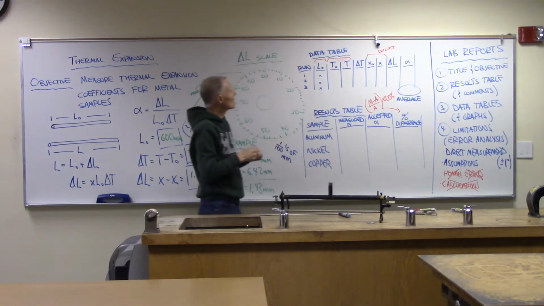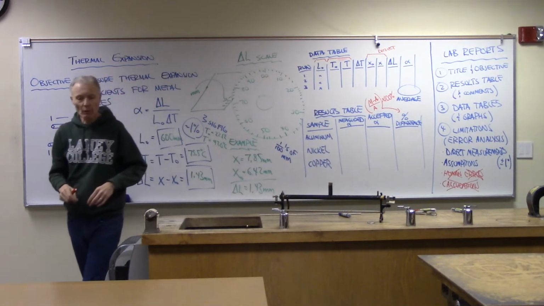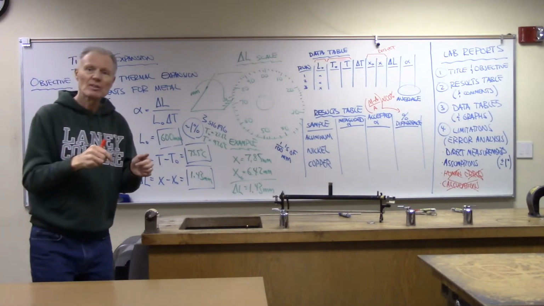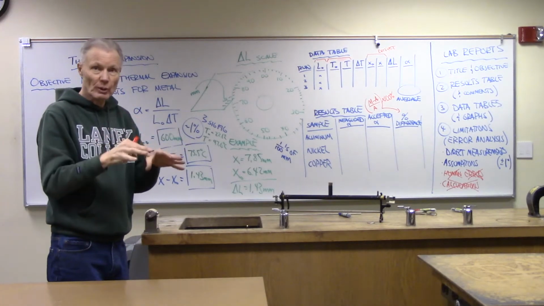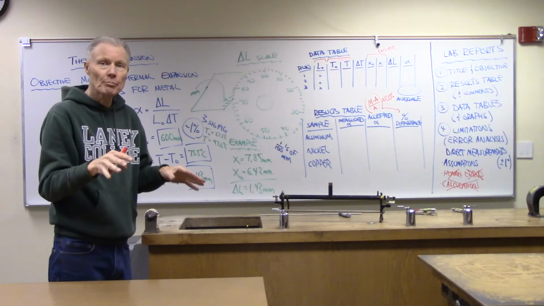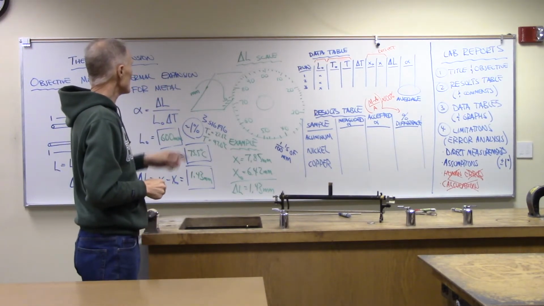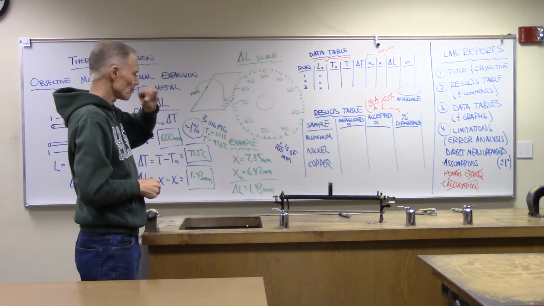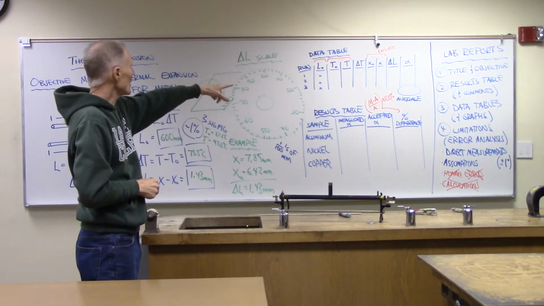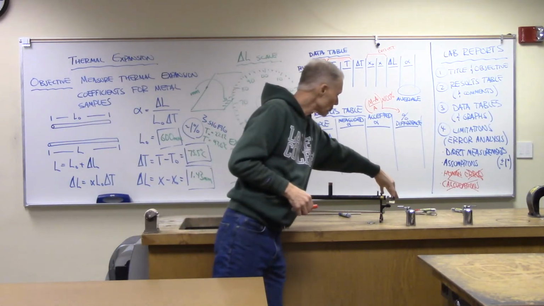So what I've done is I've put little red marks along my data table on those columns that specifically are the direct measurements. Those are being made by some measuring device. The length is from a meter stick. The two temperatures are from the thermometers. The X naught and the X are from this rotating scale.